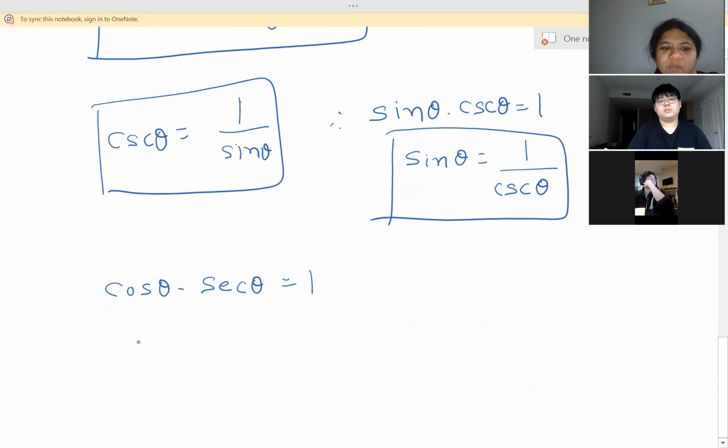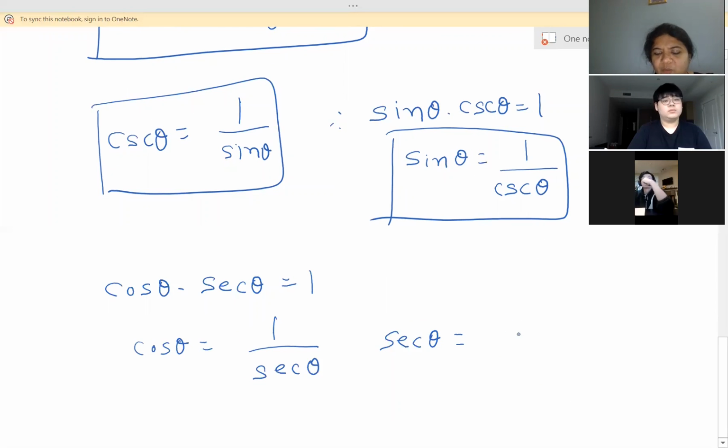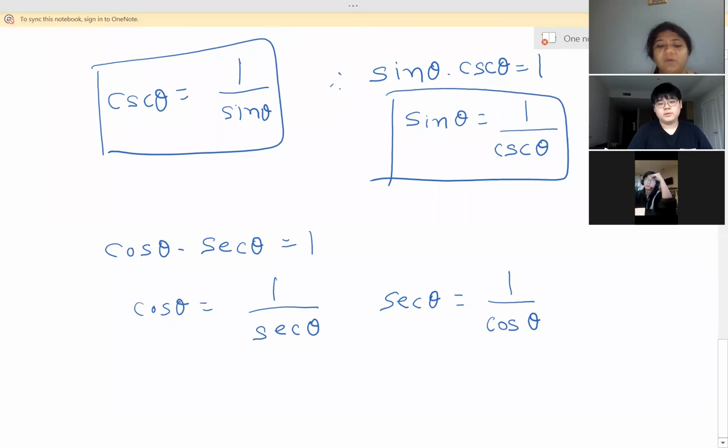I can isolate cos theta, that is equal to 1 over sec theta, and sec theta is equal to 1 over cos theta. That means I can isolate my cosine theta and sec theta, both of them, so I will get both formulas. In future, I will use these formulas. Any question? All good?